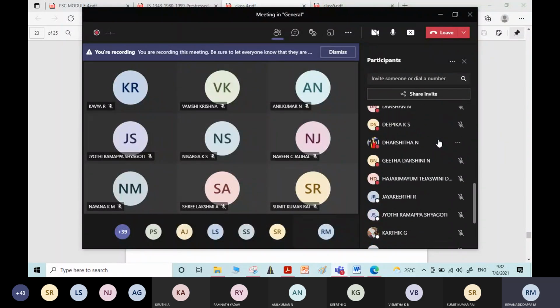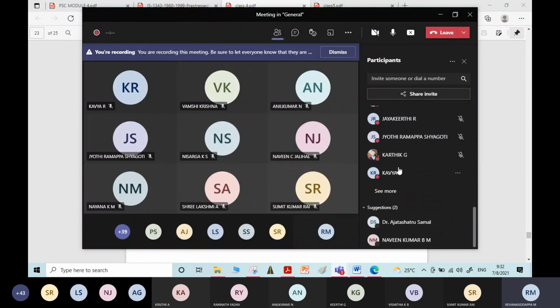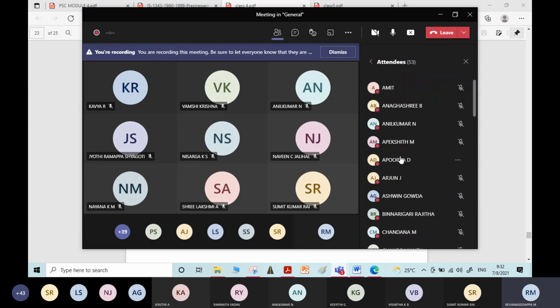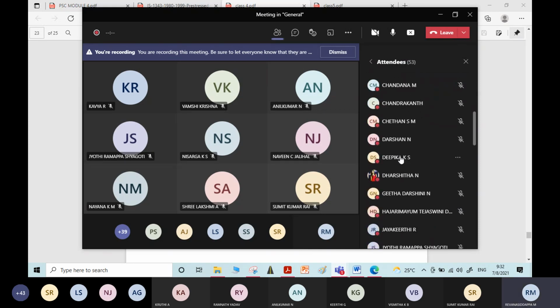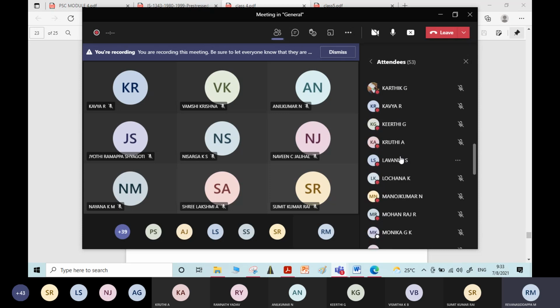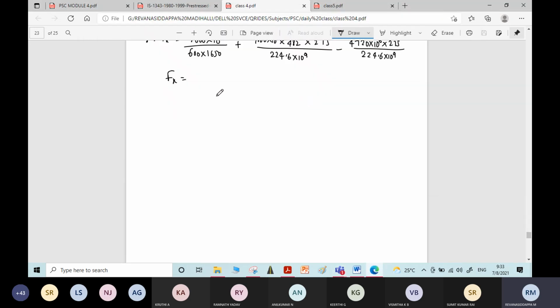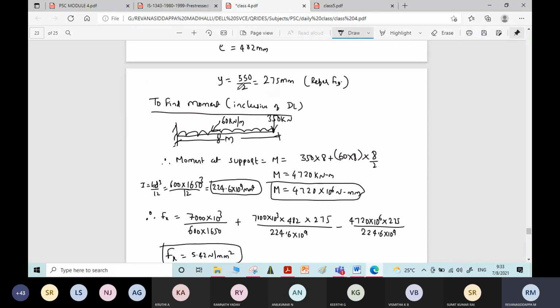Arjun, tell me the answer. Asha, Darshita, tell me the answer. Kruti, Kirti. Sir, 5.42 Newton per mm square. Yes, 5.42 Newton per mm square. Correct. Now we got Fx.